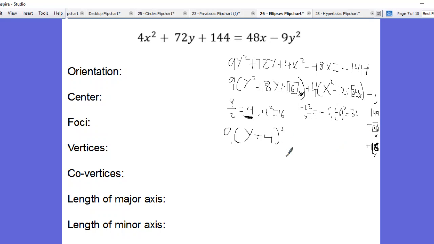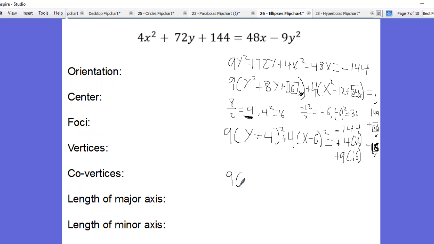Plus 4 times x minus 6 squared is equal to negative 144, plus the coefficient of our x term was 4, so it's going to be plus 4 times 36. That's the complete the square term for the x. Plus our coefficient for the y term was 9, that's 9 times 16.